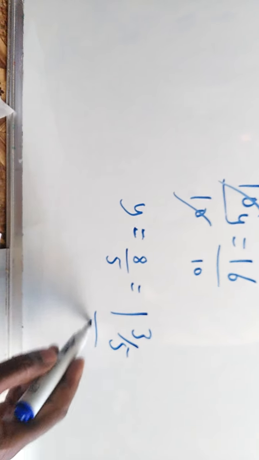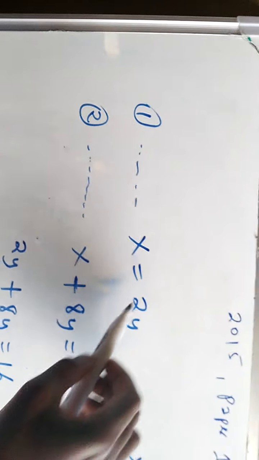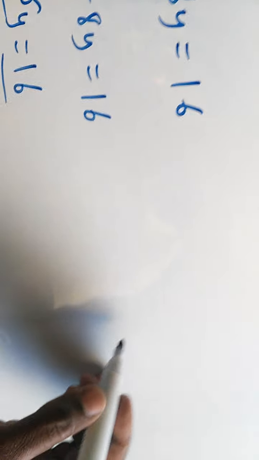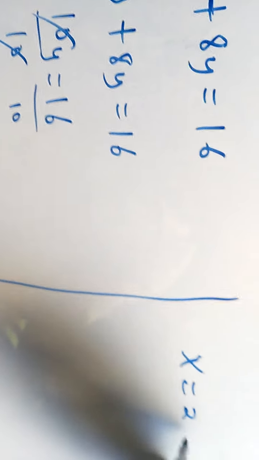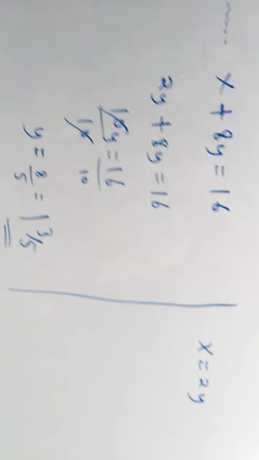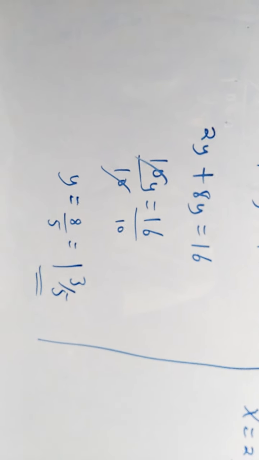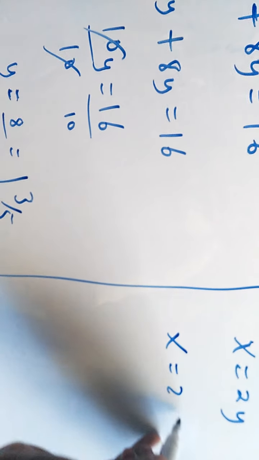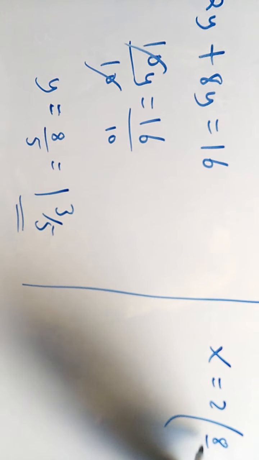Therefore, we can say, to the lowest term, mixed fraction. This is the value of y, and then they're saying twice the value of y will be the value of x. And so we'll say if x is equal to twice the value of y, and the value of y is 1 3/5 or 8/5, we can use 8/5, it's the same.